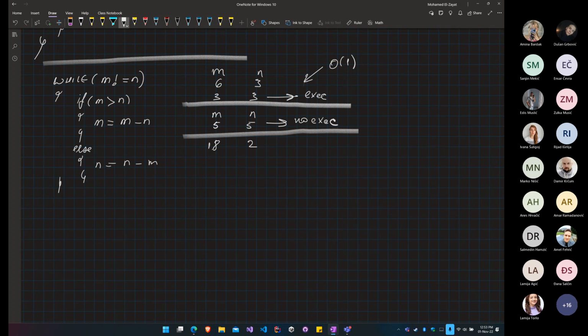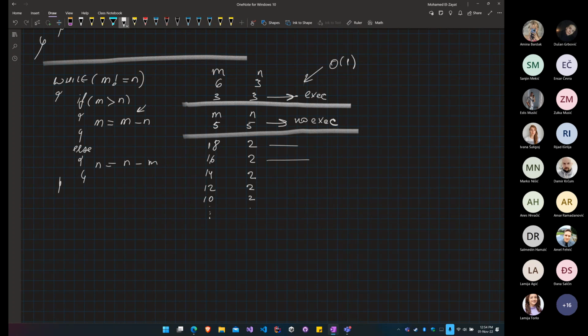You're going to have, for example, 16 and then 2, because you are in that execution. So this is an execution. This will execute again because m doesn't equal n and it will always enter here. And this is going to be 14 and 2, then 12 and 2, then 10 and 2. Then you're going to go on so on and so forth. You can execute about, what, 9 times? Yeah, 18 divided by 2 is 9 times.